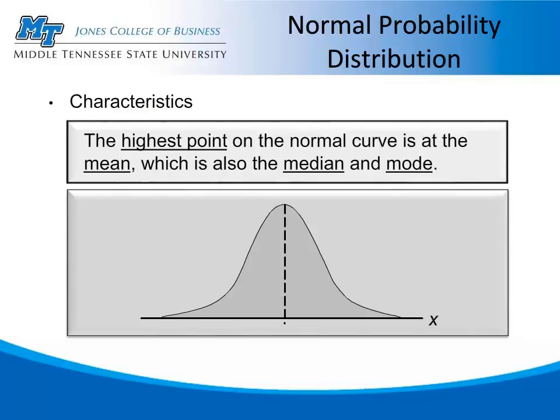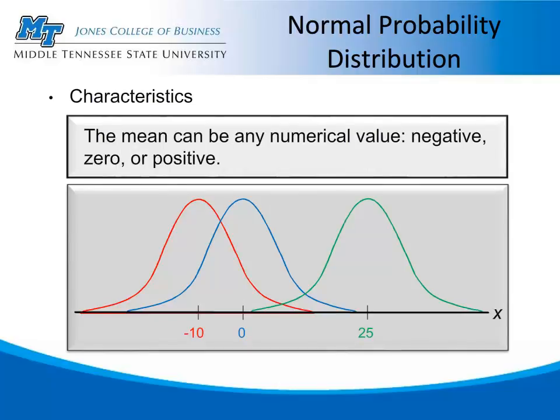Now if you had something that was perfectly normal, then the point in the middle would be the mean. It would also be the median, and it would also be the mode. But the normal is a family of distributions. The mean can be located at different places. You can have a negative value for the mean, which the curve in red shows that.